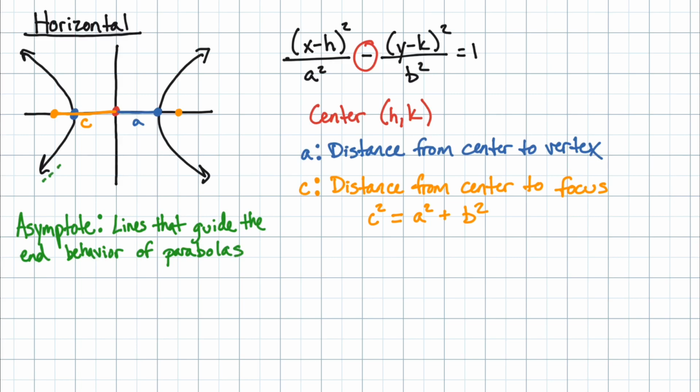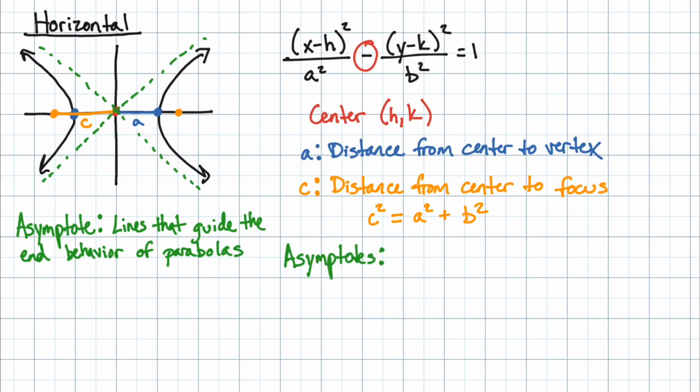They go through the center, and they're just guiding the parabolas where to go, shaping those graphs as you go out. Another way to think of asymptotes: an asymptote is like the friend zone. It's a line you get really close to, but you never touch. So here's what you got as the equation of your asymptote.